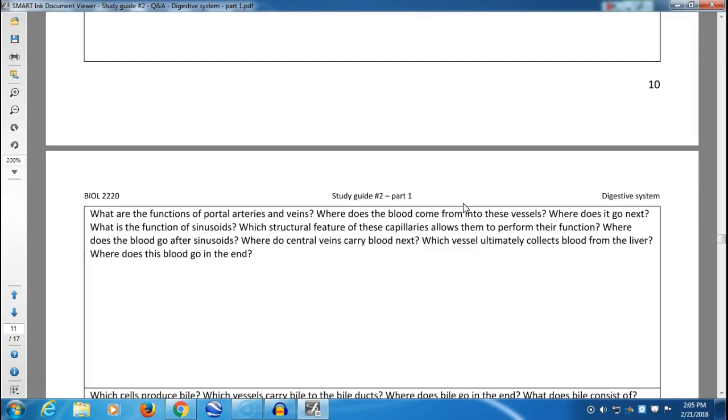And where does the blood from liver go? To the heart, and from the heart it's delivered all over the place. Okay? Keep this whole blood pathway in mind pretty well.